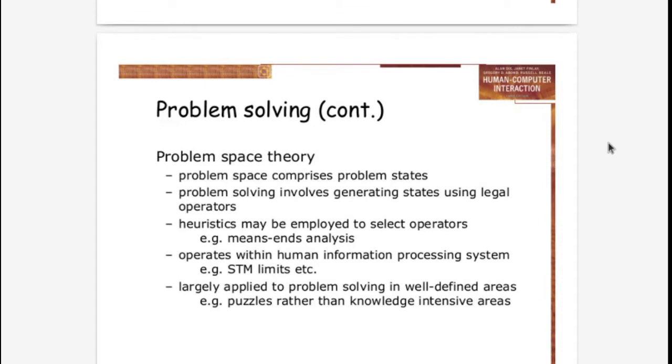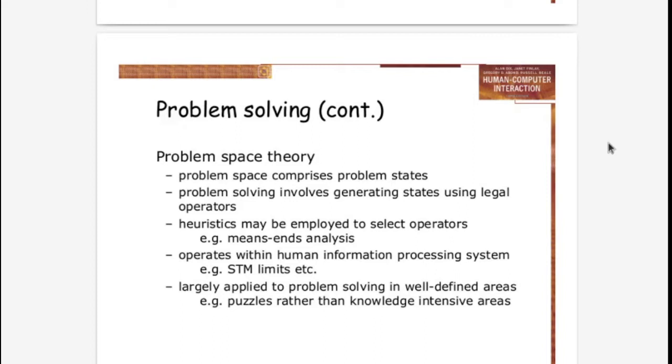Problem space theory was proposed by Newell and Simon. Problem solving centers on the problem space, and the problem space comprises problem states.